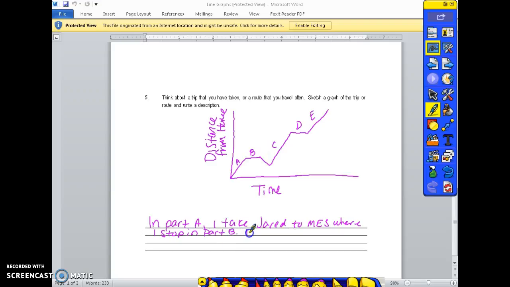In section C, I get closer to my house, but I pass my road while taking Elena Beth to Lollipop, where I stop to let her out.